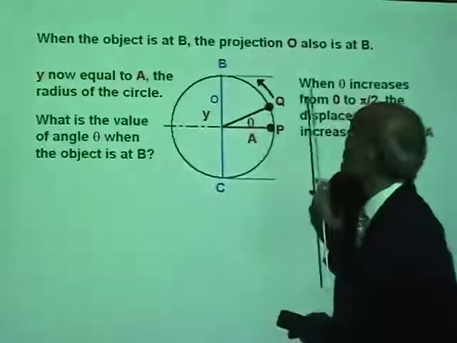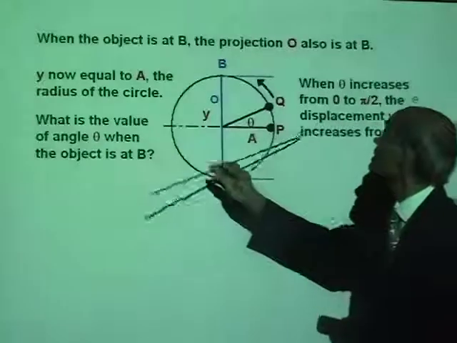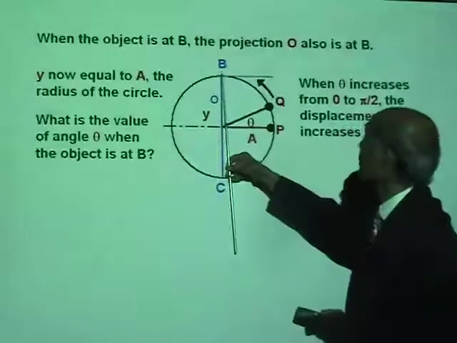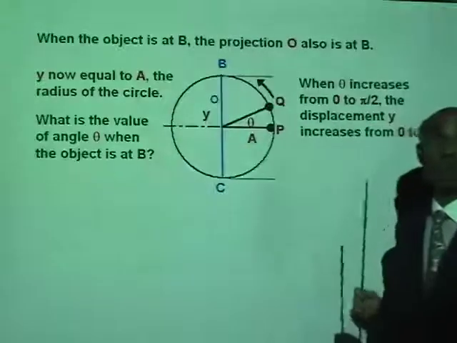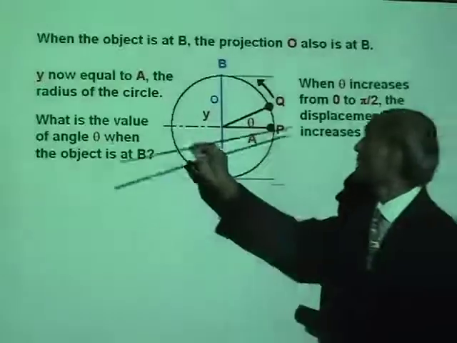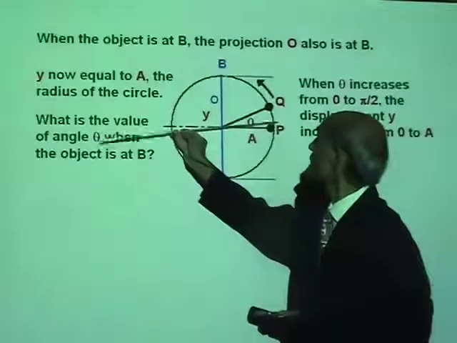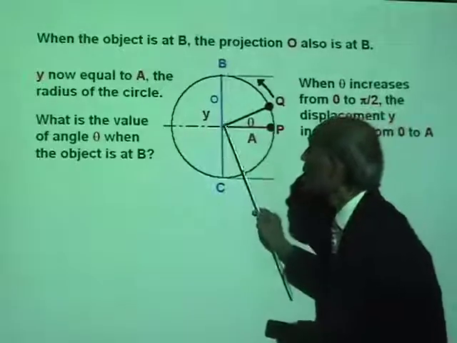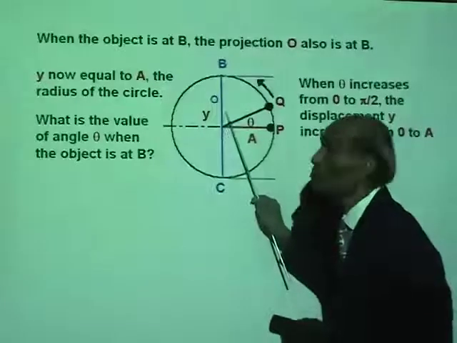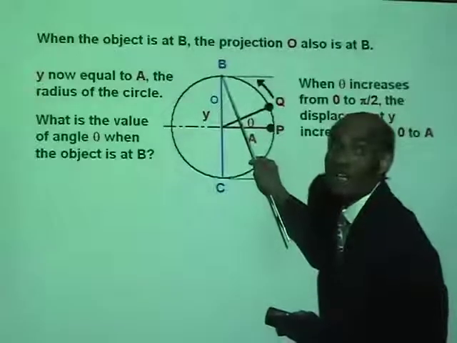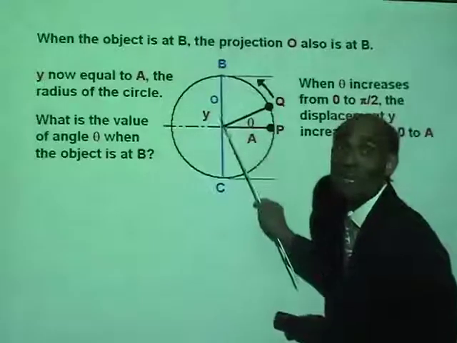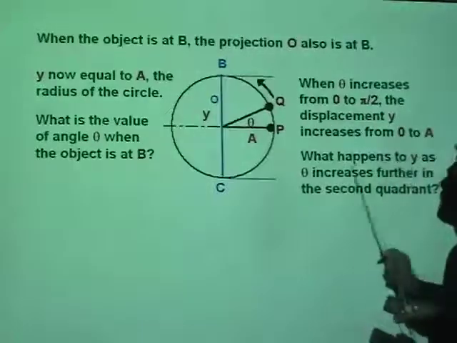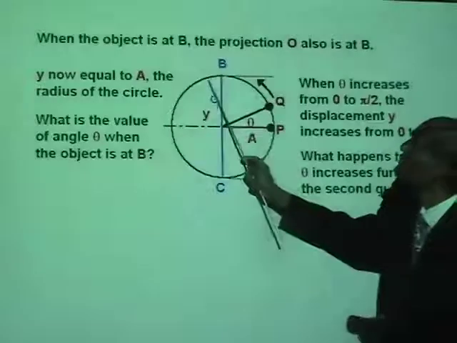So when theta increases from 0 to pi by 2, what happens to the displacement y? As theta increases from 0 to pi by 2, the displacement y increases from 0 to a, the radius of the circle. What happens to y as theta increases further?